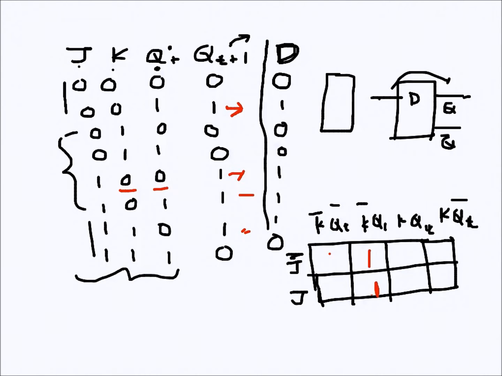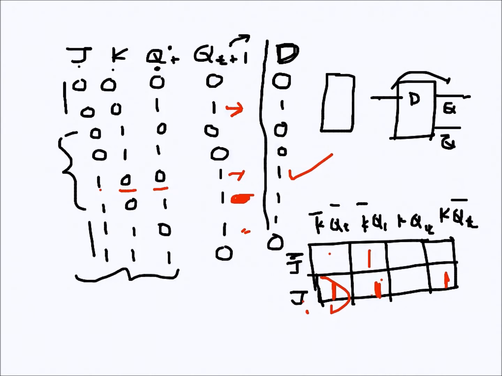Sorry, this one is actually the third one. Anyway, I'm messing up. This one is this one, and this one, which is J K bar QT bar, is this one, right? And the last one, which is J K and QT bar, is this one.